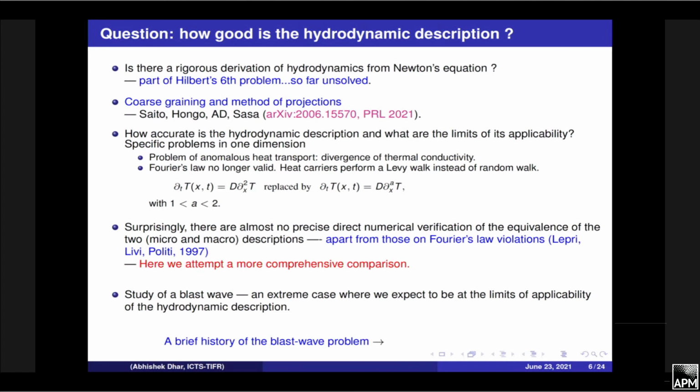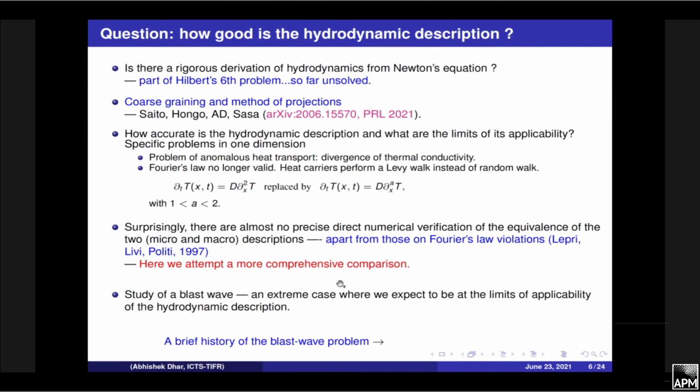Because in this system, you can't really separate them; the three fields are intricately coupled, and one has to write the full set of equations to get the full picture. So this blast wave problem is a classic problem where we want to understand this.